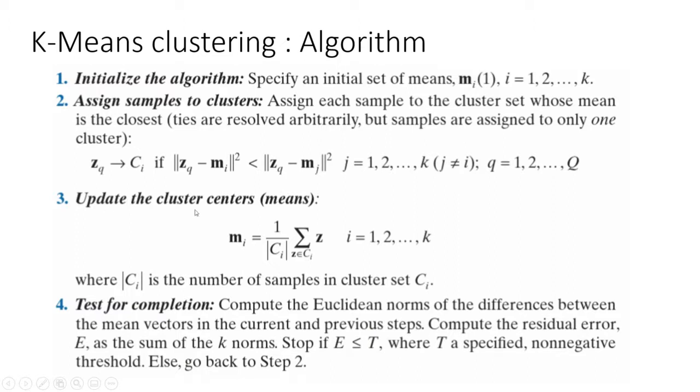And then you update the cluster centers. How do you update that? Just take the mean value, with respect to the number of samples in the cluster set. Then you test for completion: you see if the clusters haven't moved enough.